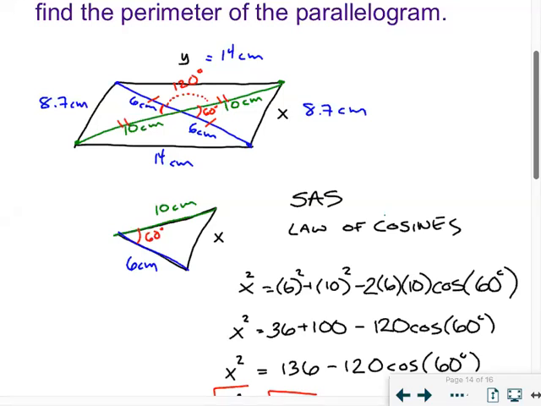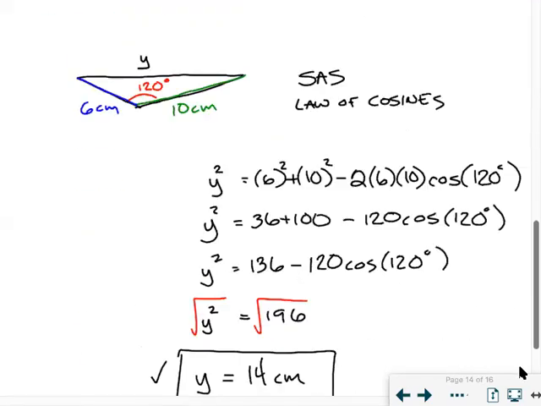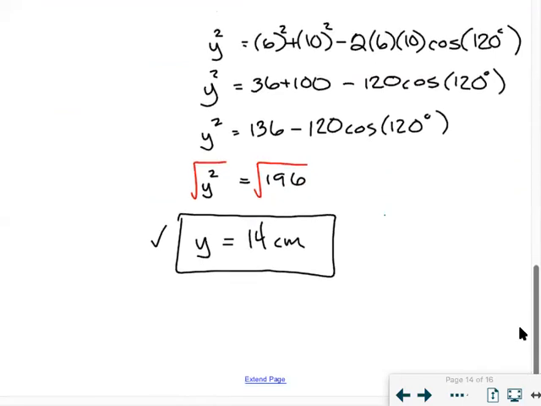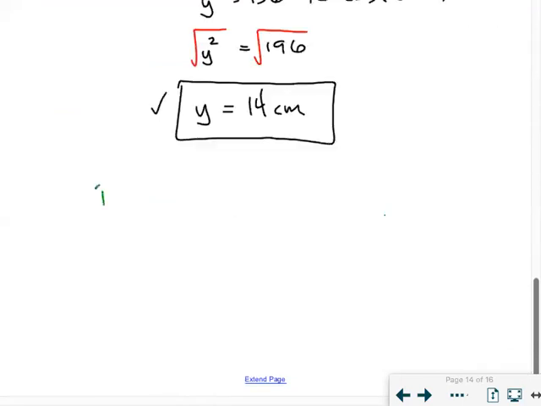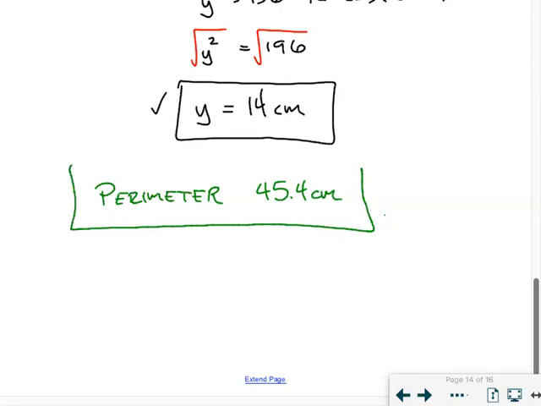So that's 14 plus 14 is 28, and then plus 8.7 plus 8.7. That gives us 45.4.